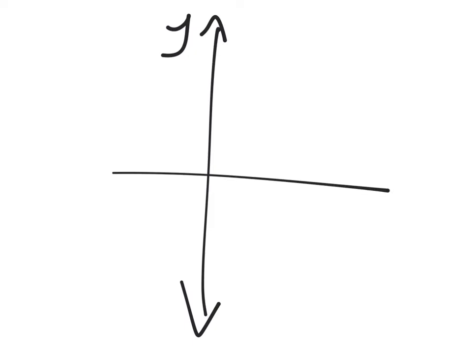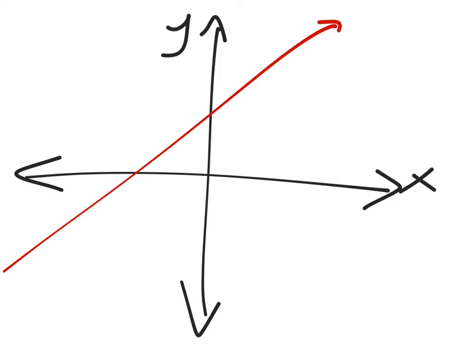For example, if we had our y-axis right here, and our x-axis up in here, and this was our line for these. Well, this line is crossing the y-axis right here. That is the y-intercept.